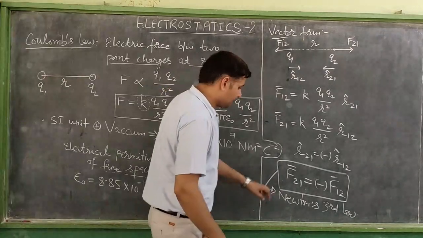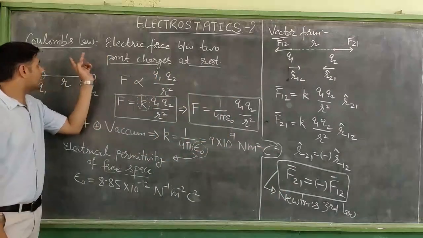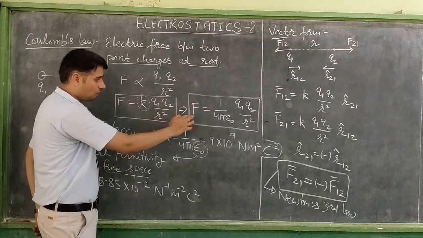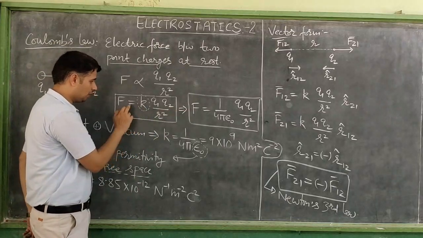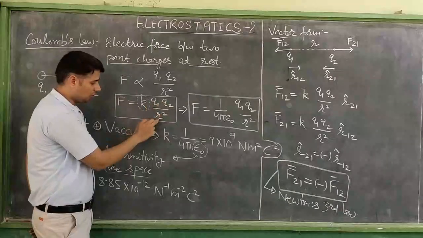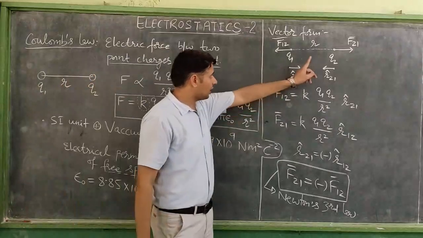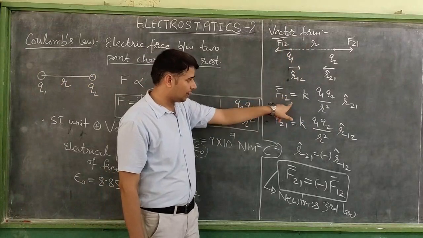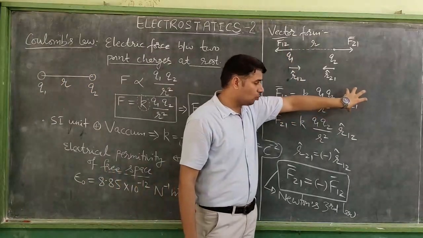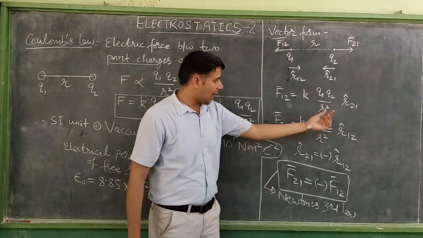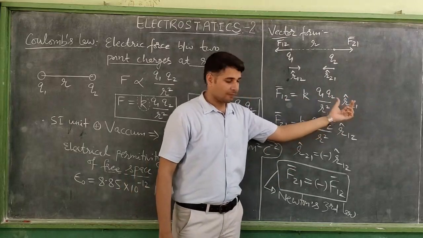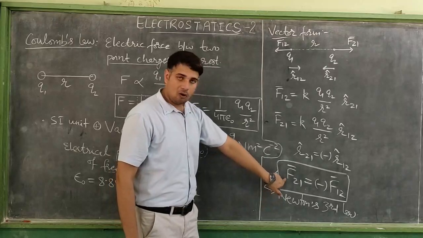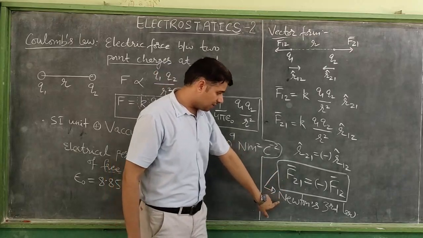So dear students, now we can conclude about this Coulomb's law, that in scalar form, force equals K Q1 Q2 divided by R square. If we think about the direction, that is vector form of Coulomb's law, so we have written F12 vector. Here we have to attach the appropriate direction with the help of so-called unit vectors. So what we have found is that this Coulombic force obeys Newton's third law.